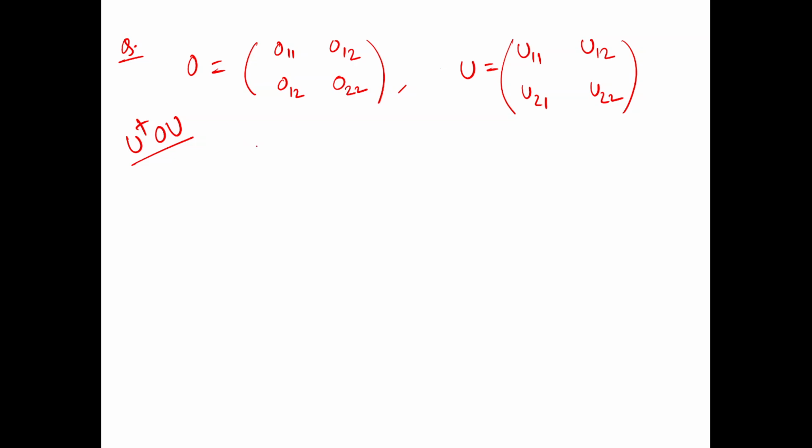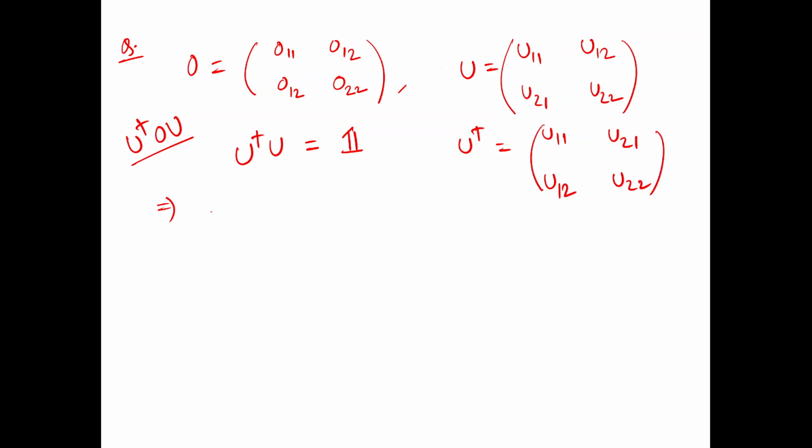That means U dagger U has to be an identity matrix. So what is your U dagger U? How do you write the U dagger? U dagger means U transpose and then conjugate. So U11, this will be U21, and this is U12, and this is U22.